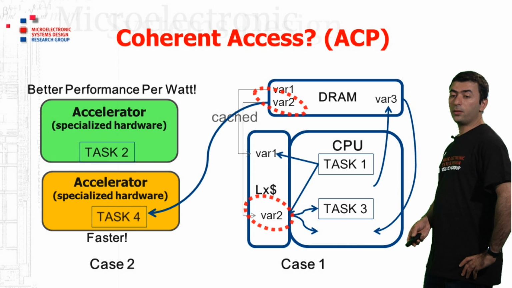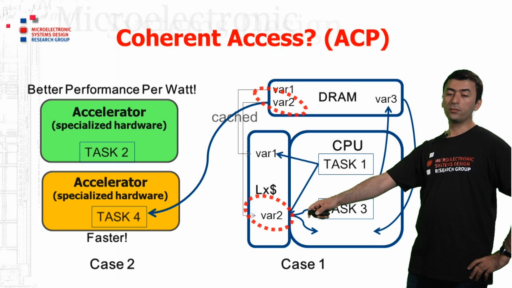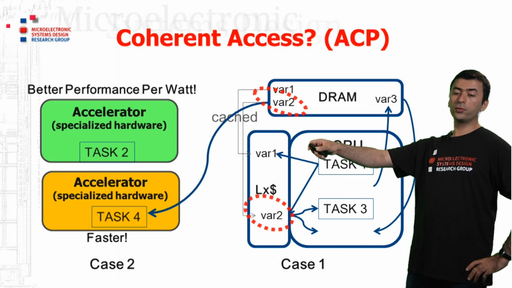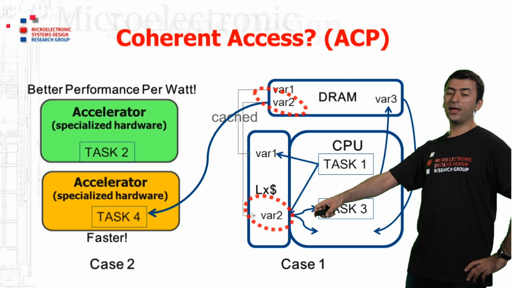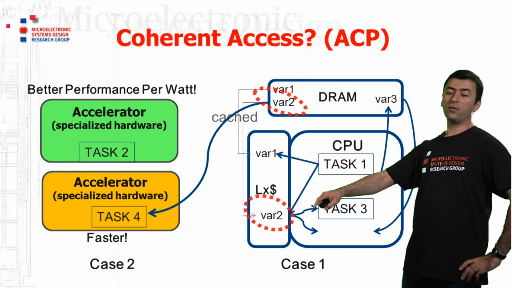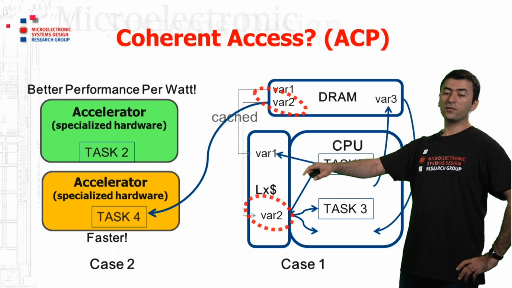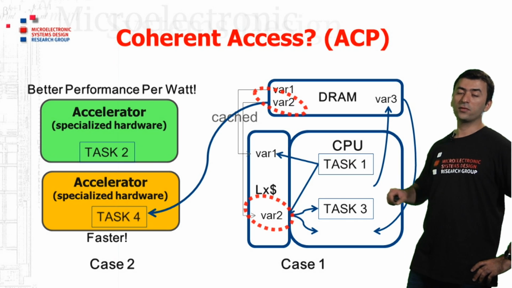But these variables may have been cached by the CPU. For example, variable 2 is cached right now by the CPU, and there may exist one newer instance of variable 2 inside the cache, which is not necessarily the same as the instance that we have inside the DRAM.